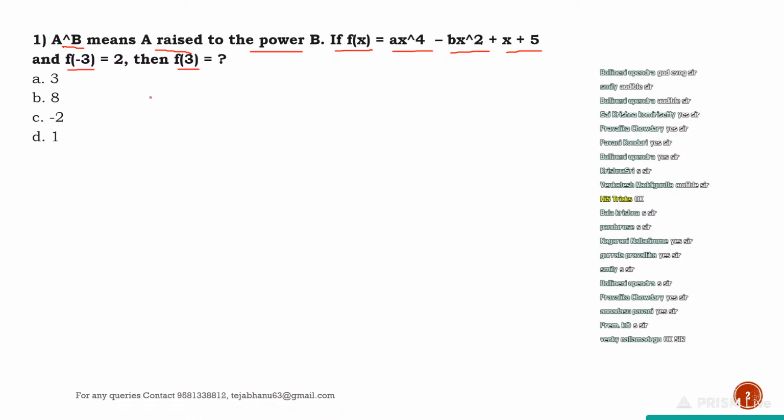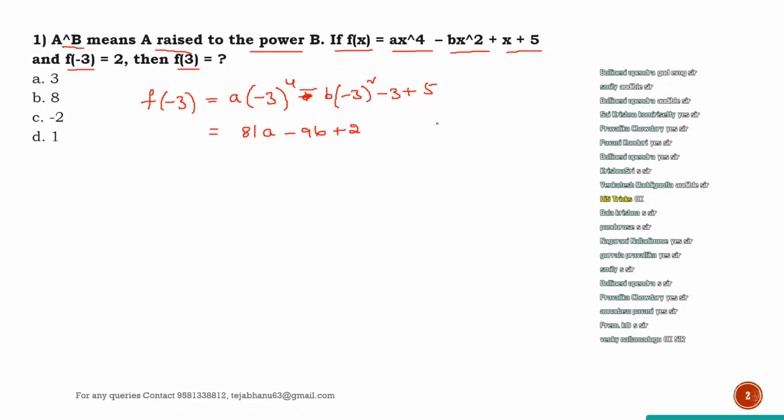Now have a look. F of minus 3, substitute minus 3 in place of x. That is a into minus 3 power 4 minus b into minus 3 whole square plus minus 3 plus 5. That is equal to 3 power 4, which is 81, so 81a minus 9b plus 2.